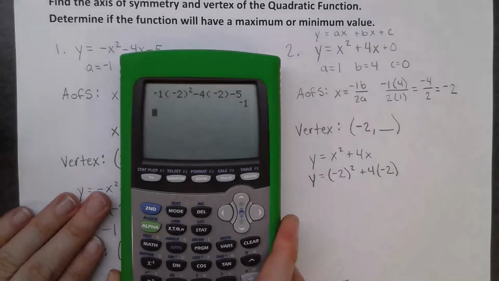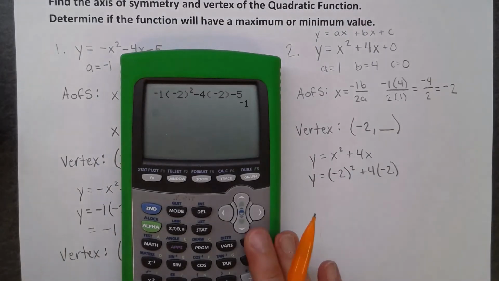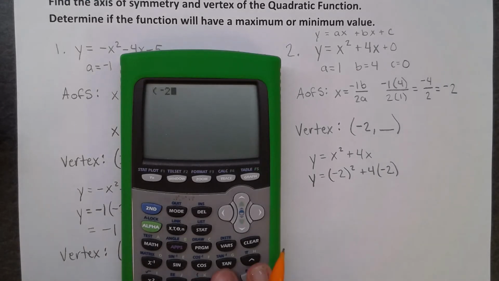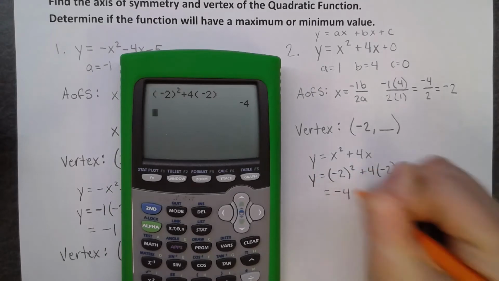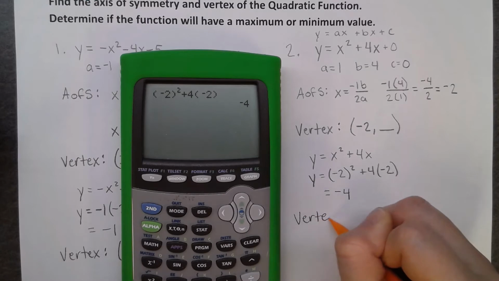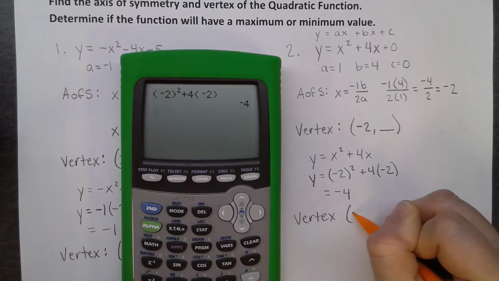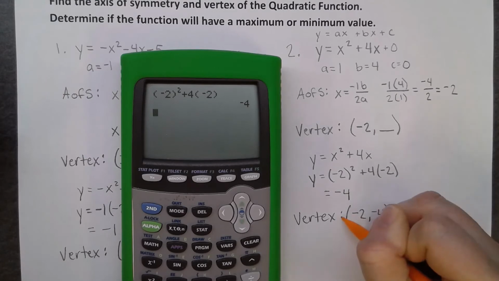So again, once you set that up, you can solve this with order of operations, but because the calculator knows order of operations, let's go ahead and let that help us solve that for our variable y equals -4. So for our vertex, we get an ordered pair -2, comma, -4.